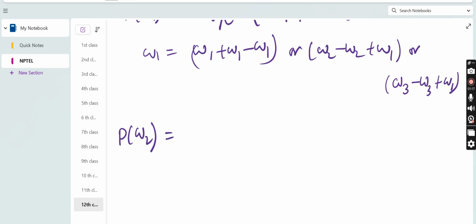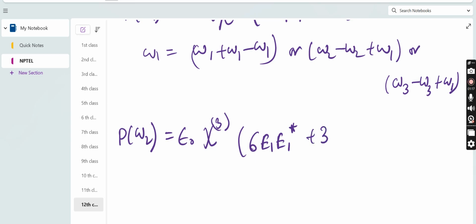The amplitude for omega 2 would be chi 3 times 6 E1 E1 star plus 3 E2 E2 star plus 6 E3 E3 star, into E2.